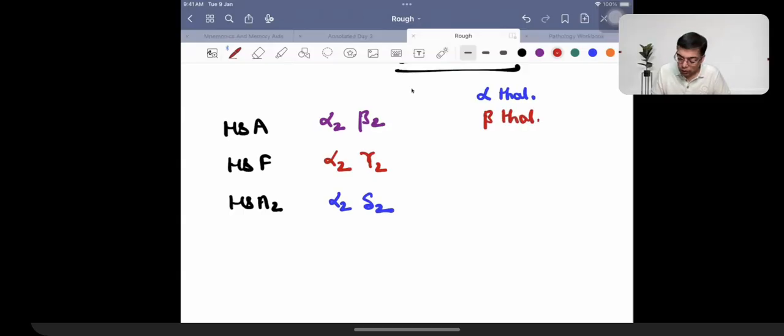What can be the problem? Alpha thalassemia is going to be seen because of a gene deletion.